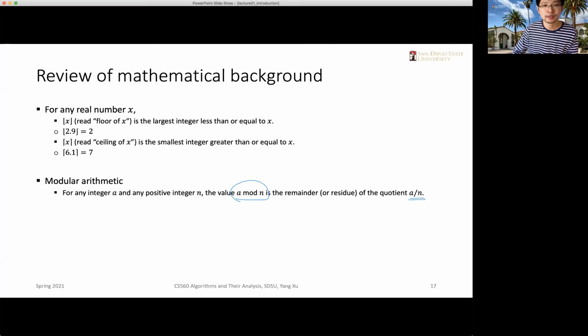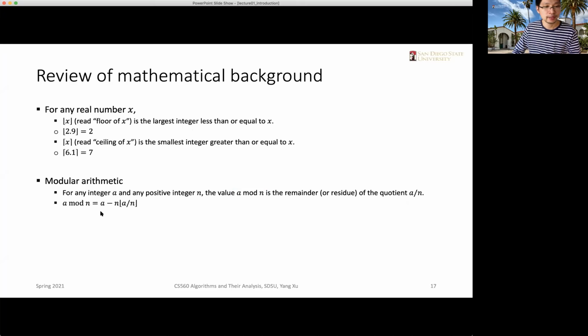This modular operator is very common in most general programming languages, and in most algorithm implementations, it's quite often used as well.